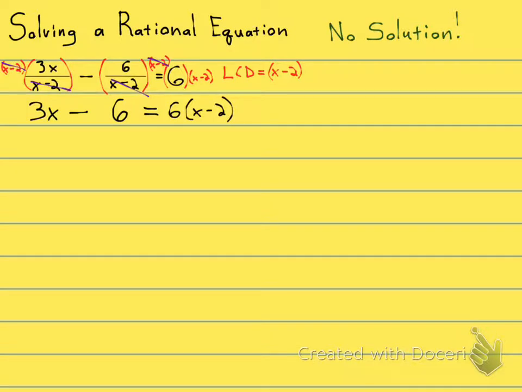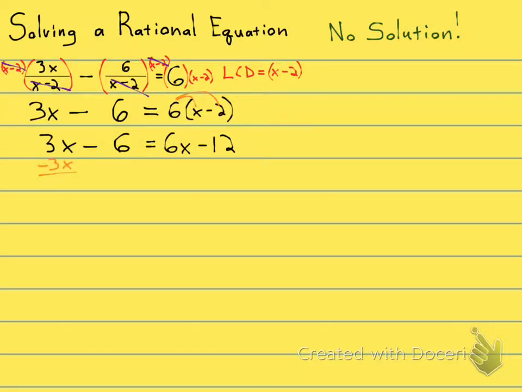Step 1 for a linear equation is distribute. 6 times x, 6x. 6 times negative 2, negative 12. 3x minus 6 drops down. Variables to the same side. I'm going to move my smallest variable.